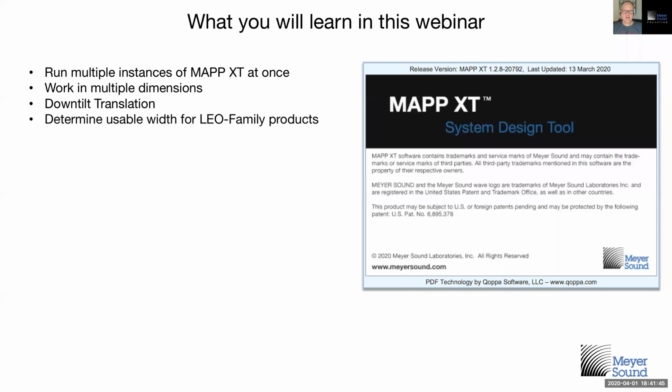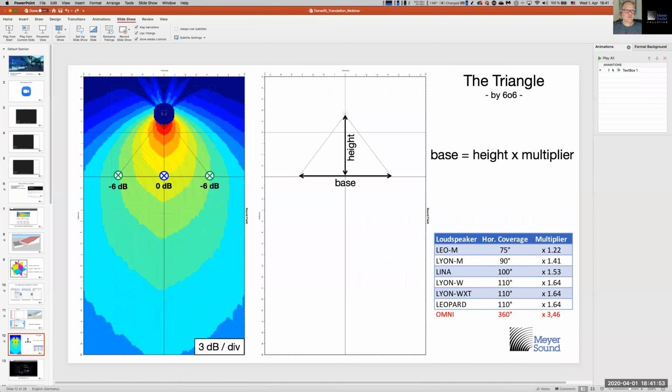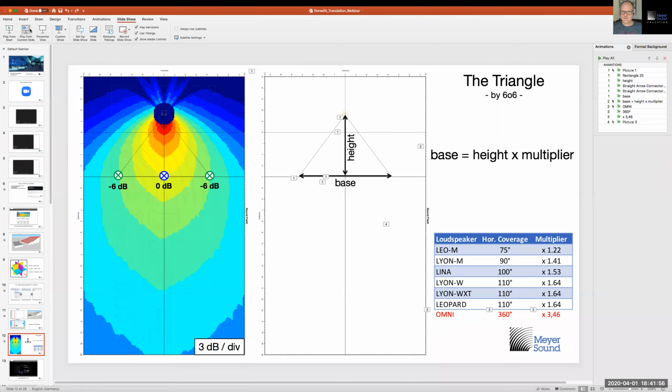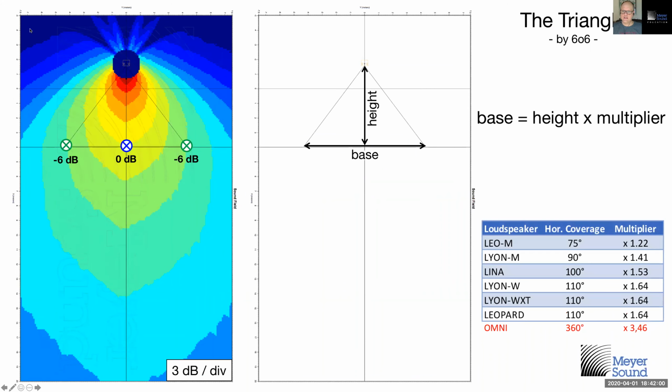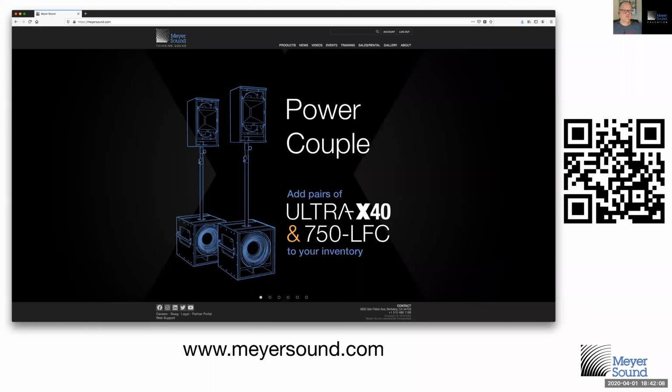And finally, there is a solution that allows you to actually predict the usable width between the -6 dB points, which is the approach that we discussed over here. And that basically eliminates the need for downtilt translation altogether.